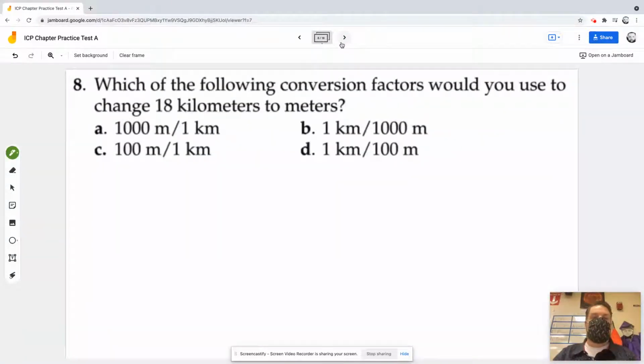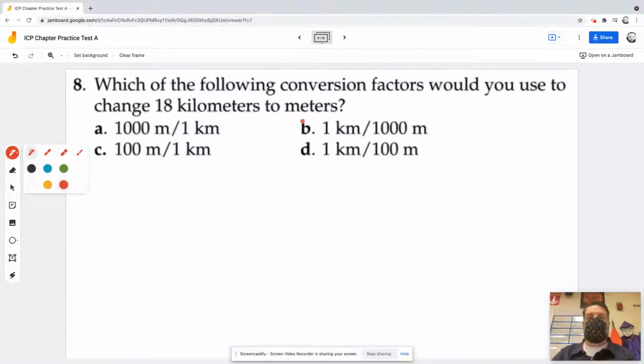All right, question number 8. Uh-oh, got to do a little math. It says, which of the following conversions would you use to change 18 kilometers to meters? So you got to remember, which one goes on the bottom, meters or kilometers? We're canceling the kilometers to meters. So meters has to be on top and kilometers has to be on the bottom.